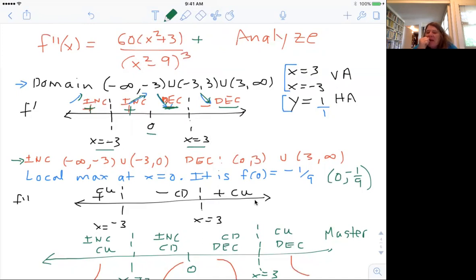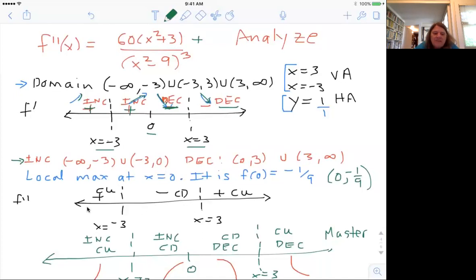Positives mean concave up. Between minus 3 and 3, I wind up with testing maybe 0. That would make this 60 times 3, 180. If I test 0 here, minus 9 cubed. Well, a negative number times itself 3 times is going to be negative. That tells me it's concave down in between minus 3 and 3.